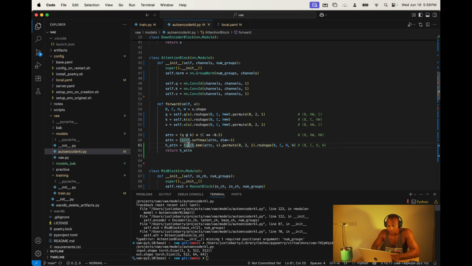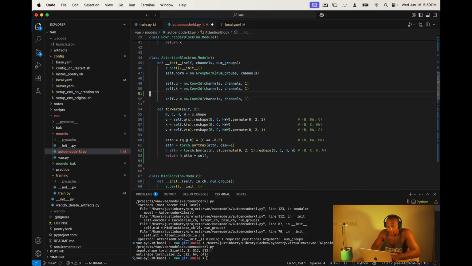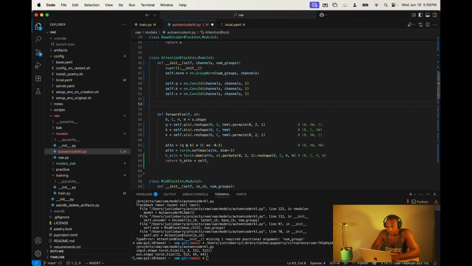Oh, wait, no. Plus self dot, we always need to project it. We need to have a projection. We need the additional expressivity, the canonical expressivity of a projection. So it's just a skip connection.